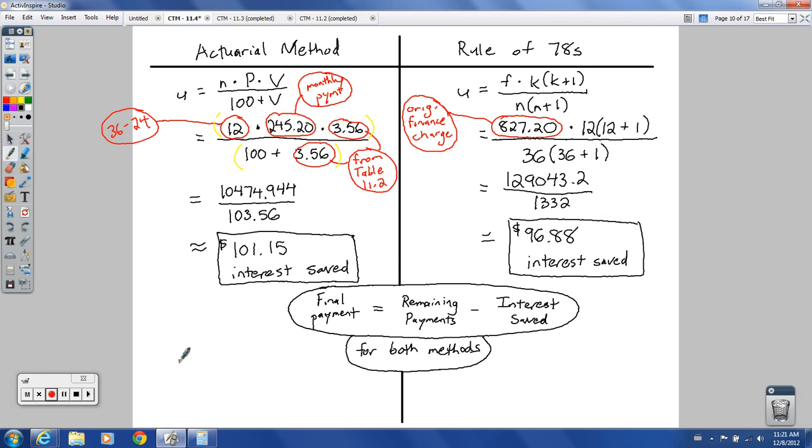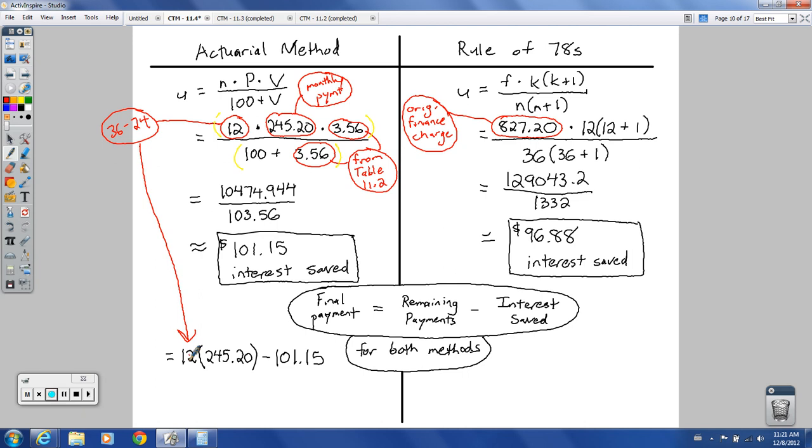Alright, and so we have, you got 12 more payments, 12 more months to pay, times the 245.20, and you subtract 101.15 from there. Let's use our different color and also make some arrows here. So that value came from the 36 minus 24, and this is your remaining payments.